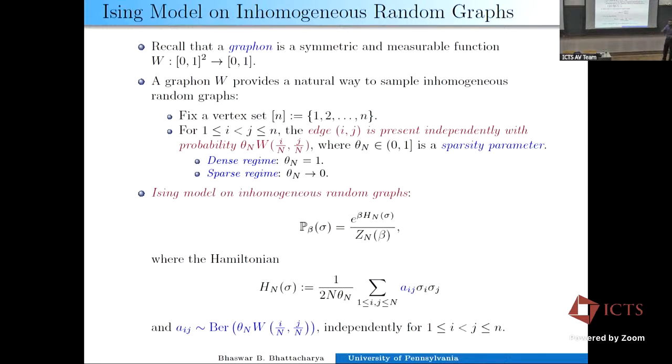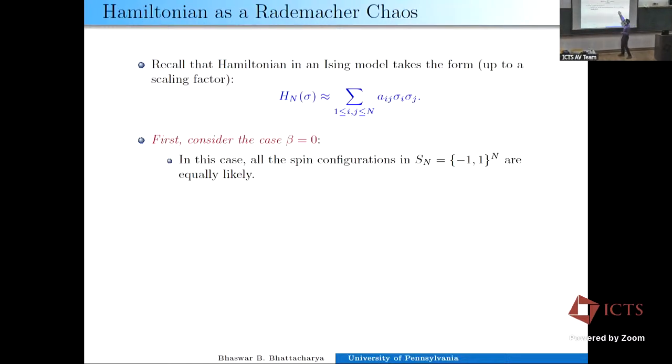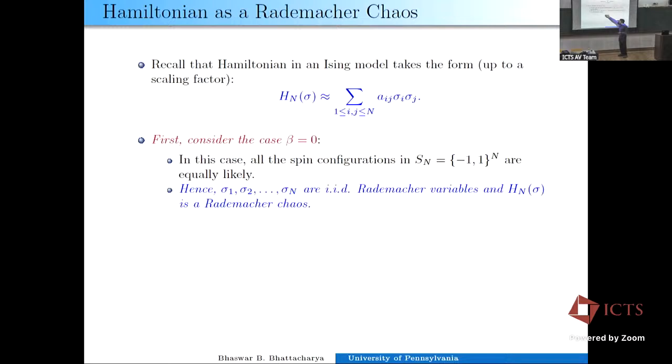This means all the spins are plus and minus ones with probability half. It's a Rademacher. So at 0, the sigmas are plus minus ones with probability half, and the Hamiltonian is a Rademacher chaos.